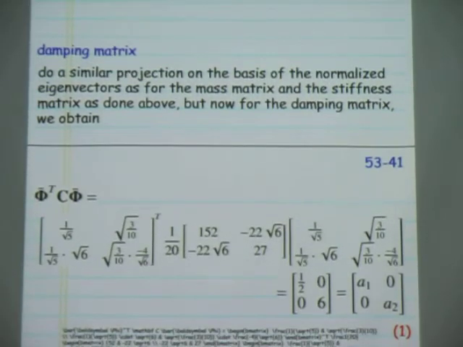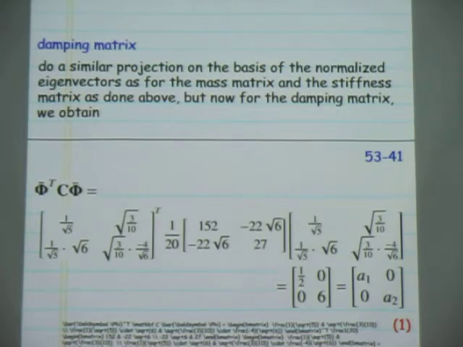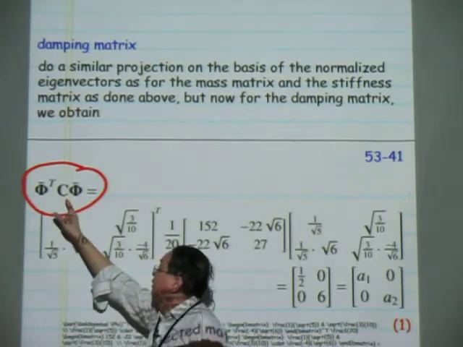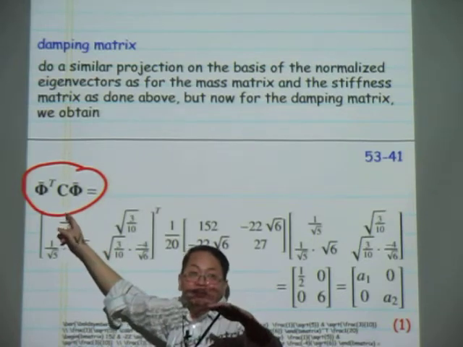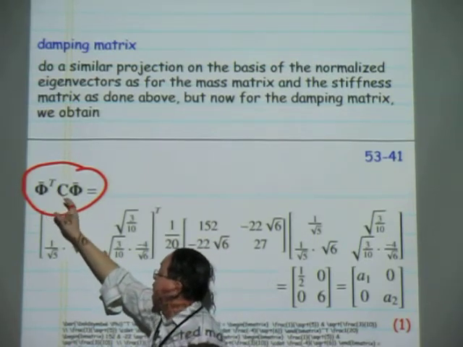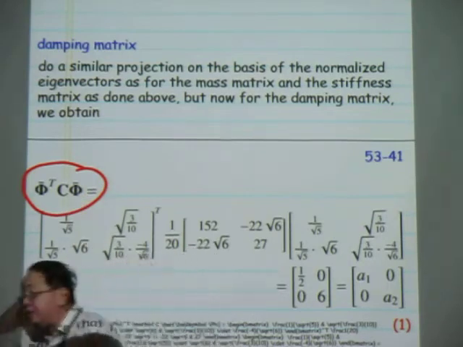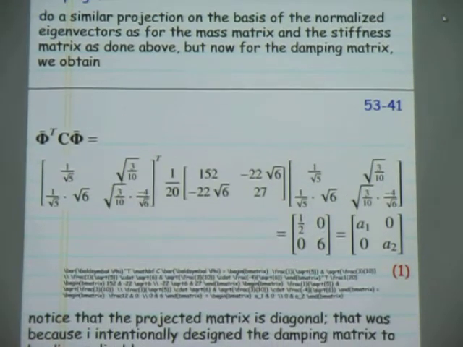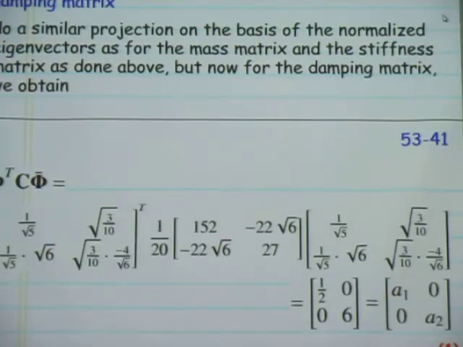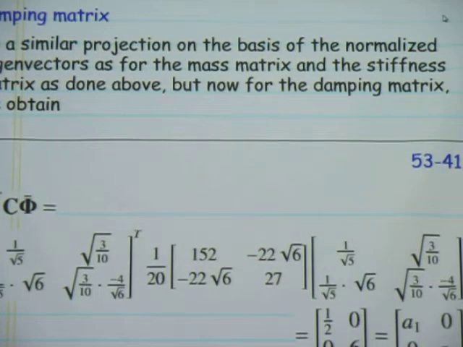Okay, now the damping matrix. Here we do a similar operation, and this operation is called projection. You project the damping matrix on the basis of the normalized eigenvectors. So phi bar transpose times the damping matrix times phi bar is, again, let me zoom in so you have it bigger.